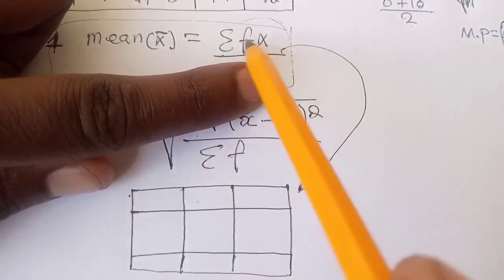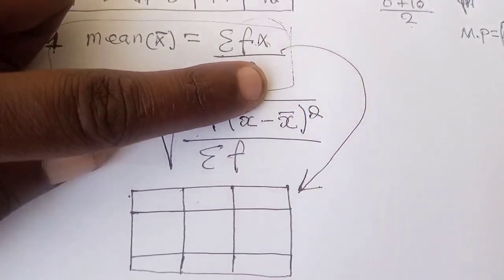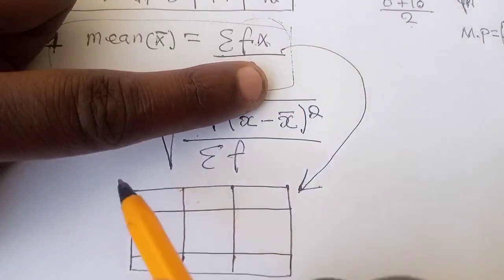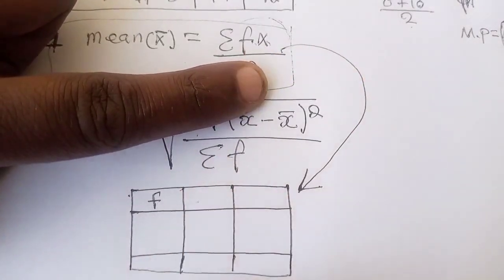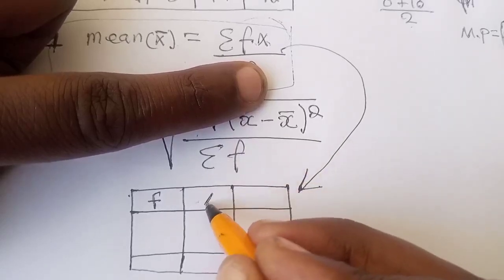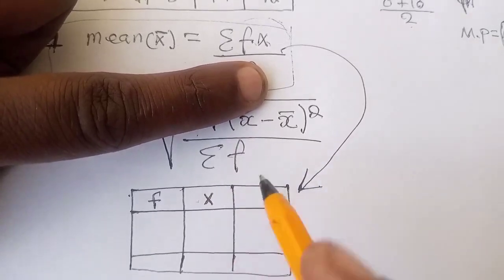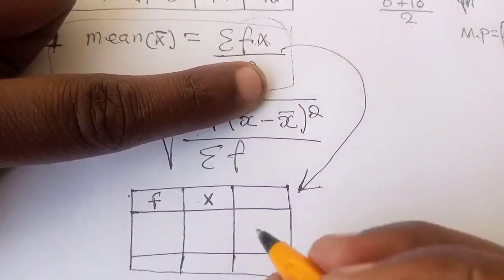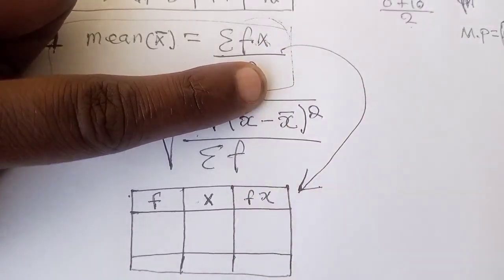There is f and x. So in the first box, you just get one letter, you say f. Then here, you just say x. Then in the third box, you get the whole thing, the whole formula, f of x.